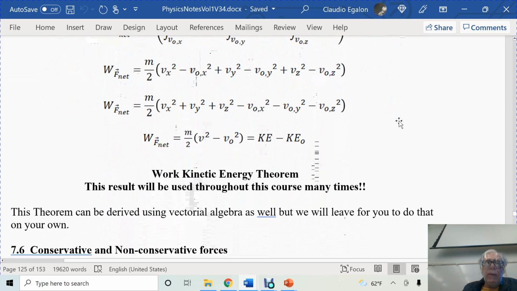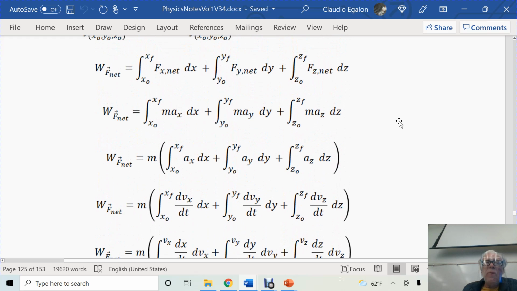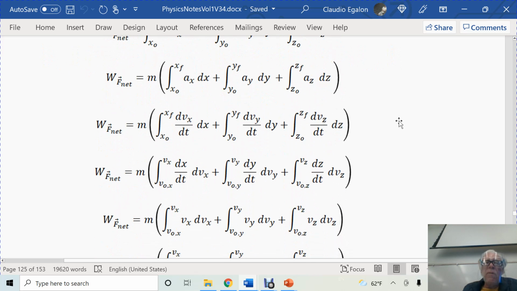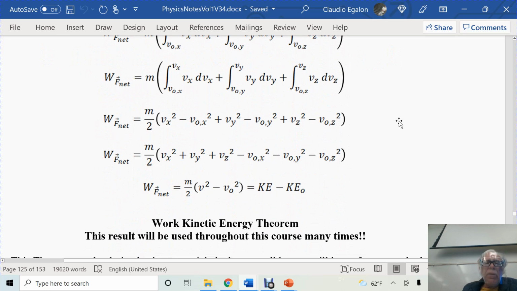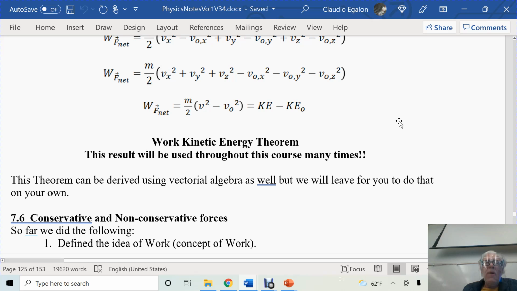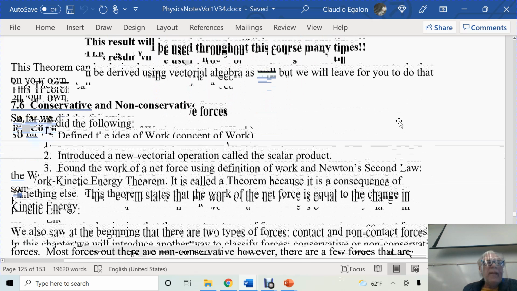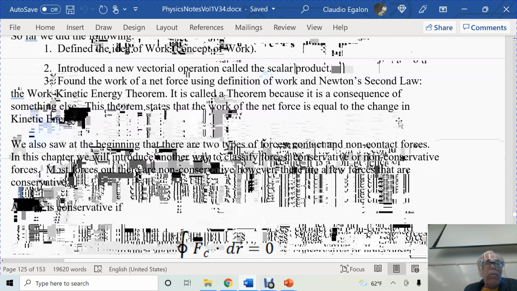There's another way to prove the same thing. I didn't want to do it this way because it would be too many integrals, but if you want to look over that, we should get the same result. The work-kinetic energy theorem, we'll use throughout this course many times, not just chapters 7 and 8, even in physics 38.